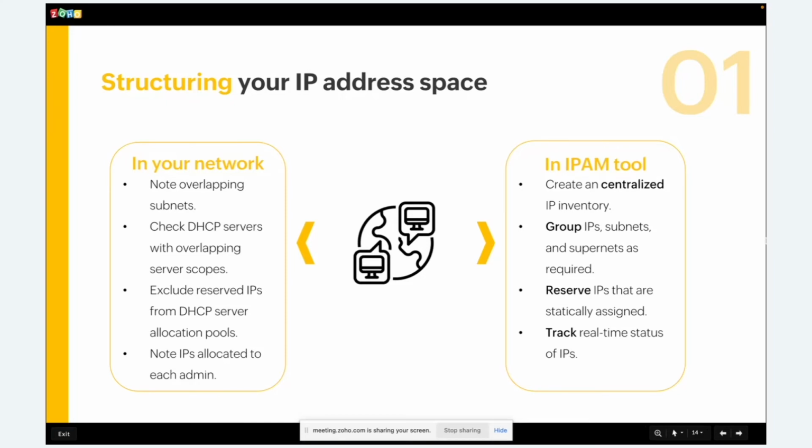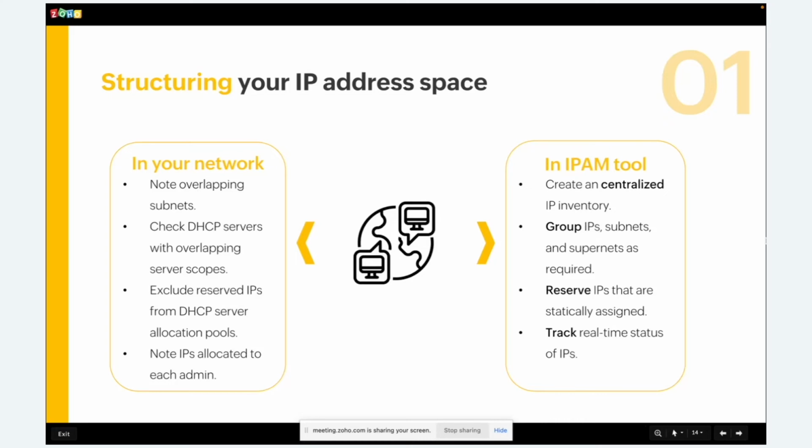Next, check your DHCP servers for overlapping server scopes. If there are overlapping server scopes, again, make sure you know how the IP space is being utilized, how the dynamic allocation is affecting the overlap, and if the overlap is properly configured so that you do not have IP duplication in allocations. Next, exclude reserved IPs from DHCP server allocation pools.